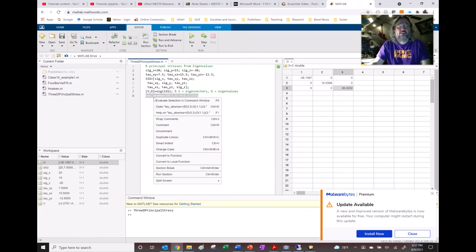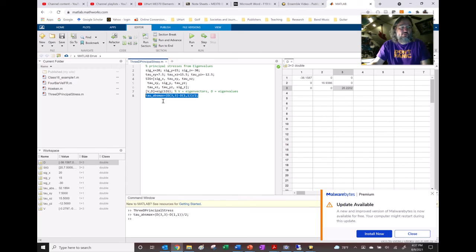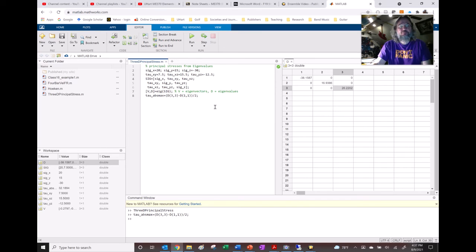Let me see what that comes out to. Evaluate. And did it do it? Yep. So we have a tau abs max of 32.19, which is going to be our answer for this. And we don't need our update for right now.